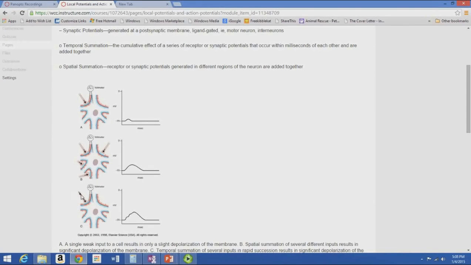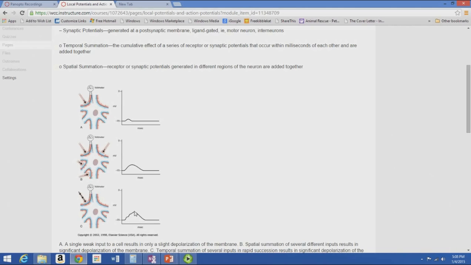In letter C, you get one right after another. Each one of those little black arrows represents an impulse, a nerve impulse coming down. So when they're right after another like that, they add up, and so we see we got more depolarization of the cell. So that's adding up. That might get to be enough to be an action potential.